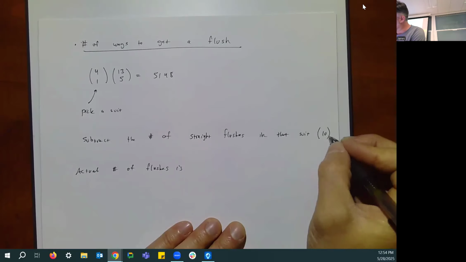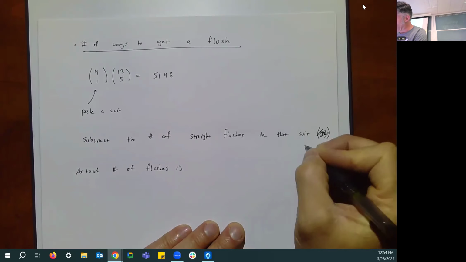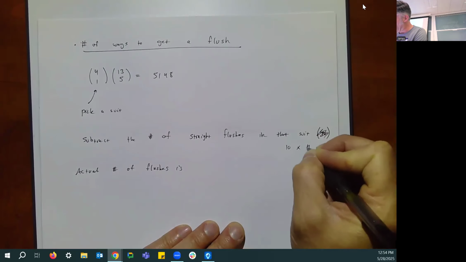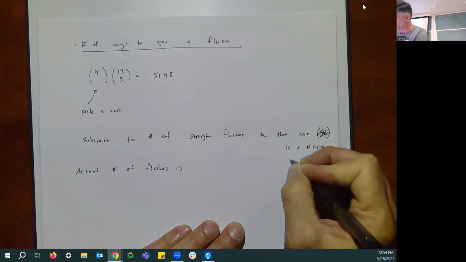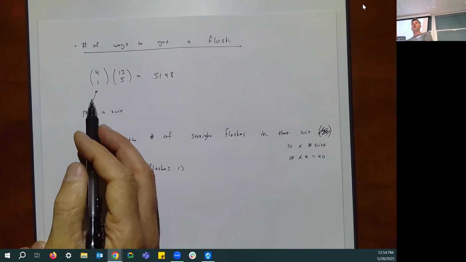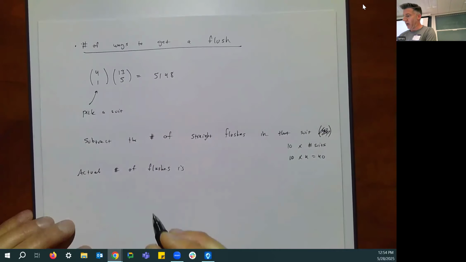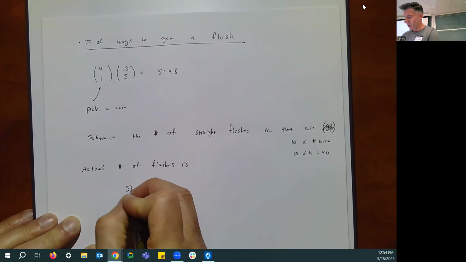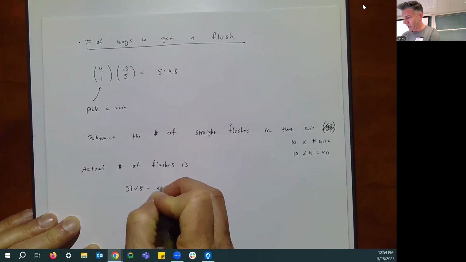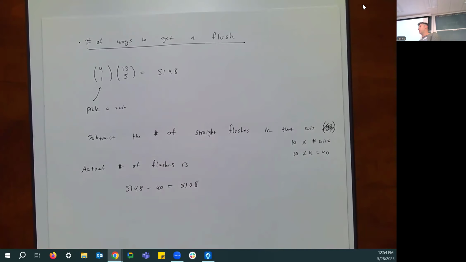So there's actually 40, not 10, apologies, which is 10 multiplied by the number of suits, which is 4. So we get 40. We pick the suit, but then each of those suits has 10 straight flushes. Okay, so the actual number of flushes is 5,148 minus 40, which is 5,108, which is kind of interesting.